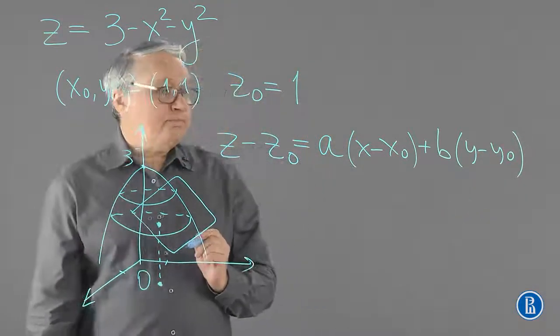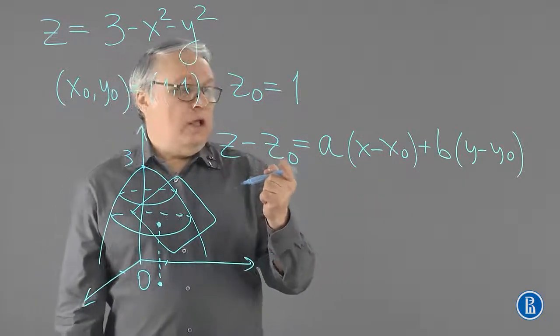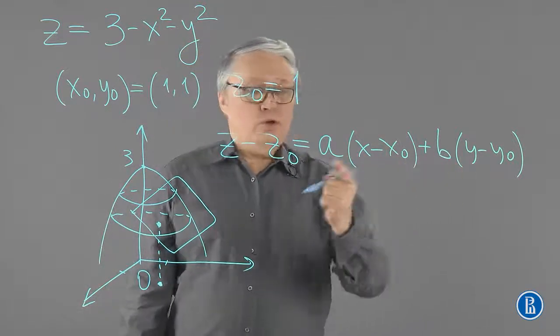So for any a, b values, this is a plane which passes through the point with coordinates x0, y0, and z0.